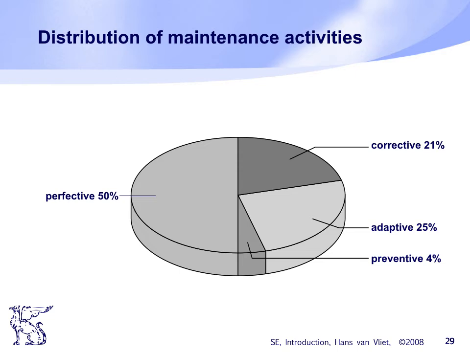And half of the maintenance cost is spent on changes to accommodate changing user requirements, that's perfective, such as enhancement to the system. That's why user requirements are so important.